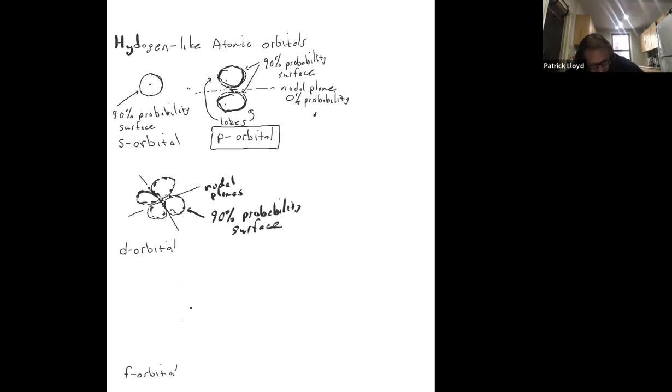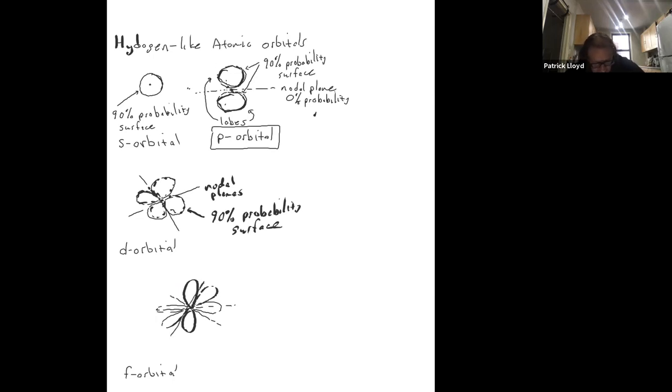Let's put this nucleus here. I'm going to draw the lobes a little bit smaller. So there you can see there's a nodal plane through there. And then there's a nodal plane through there. And then there's a nodal plane through there.